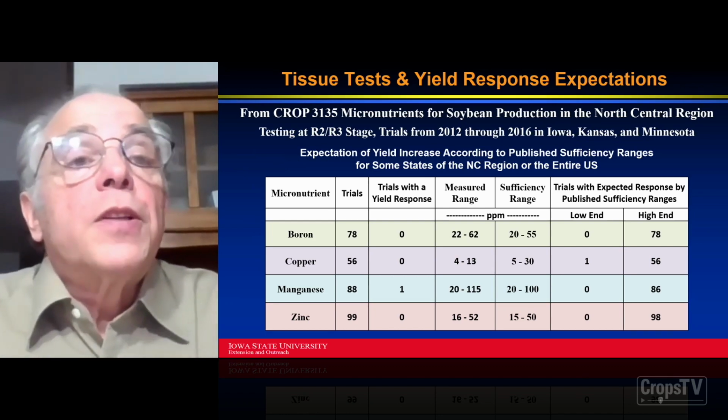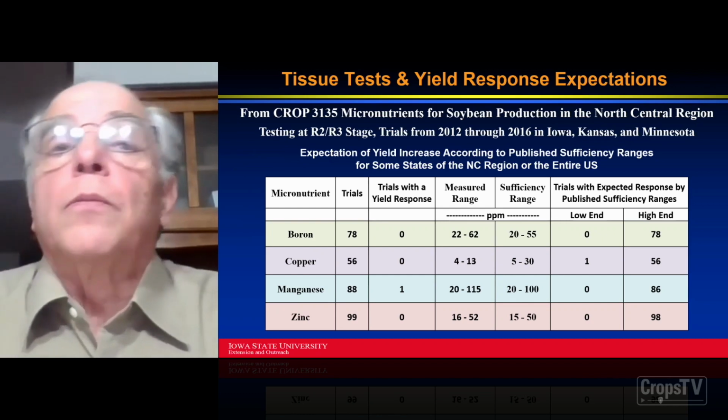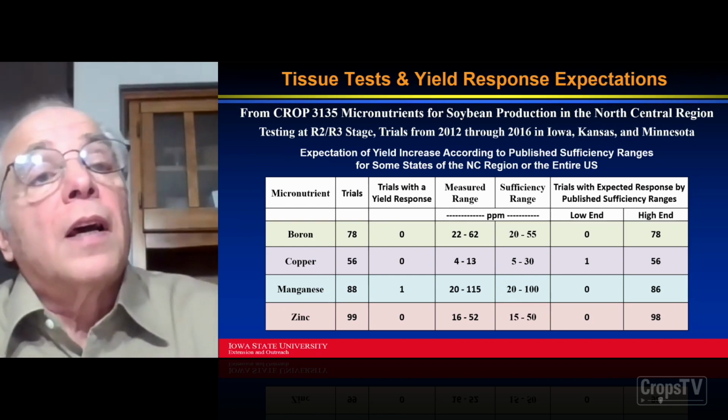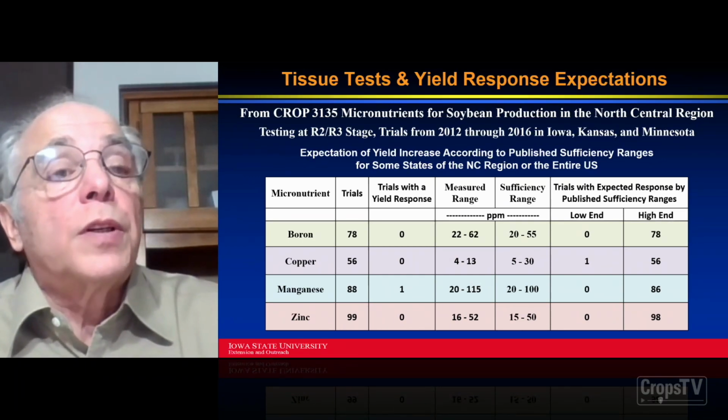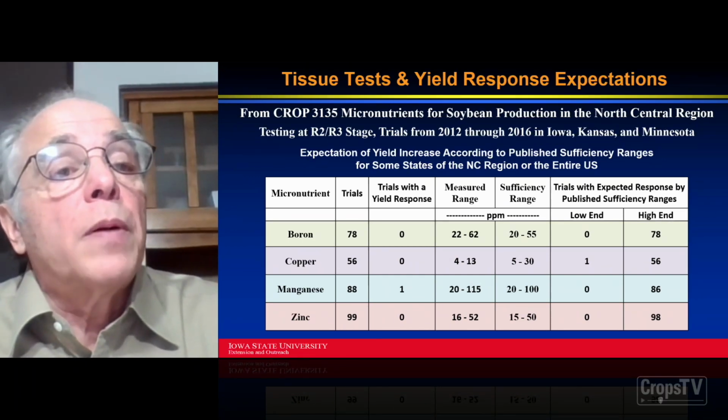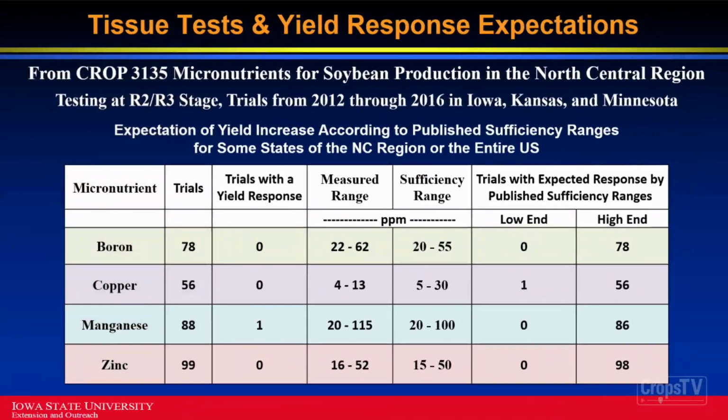So what we can do is this chart, and this is complicated, so please bear this with me. Okay, we have here the micronutrient, okay? And we work with boron, copper, manganese, and zinc. That's the ones we work. Here is the number of trials combined across the states, 78 for boron, 56 for copper, 88 for manganese, and 99 for zinc.